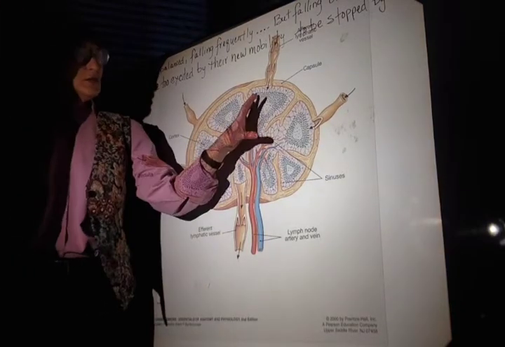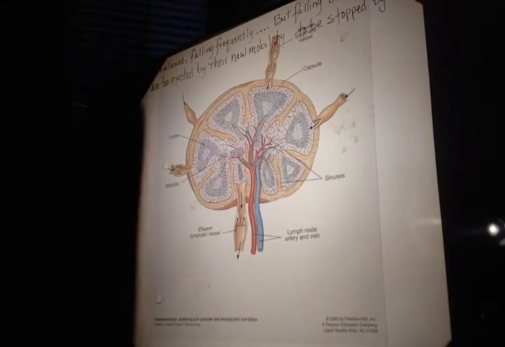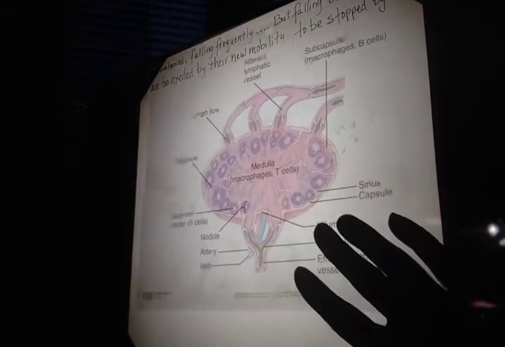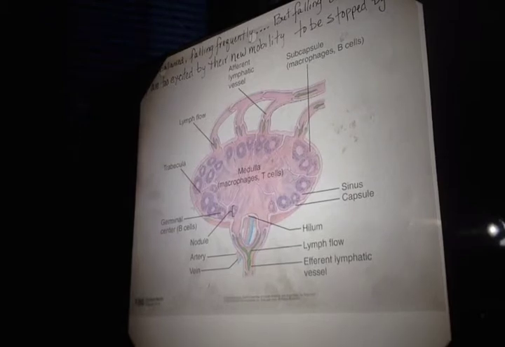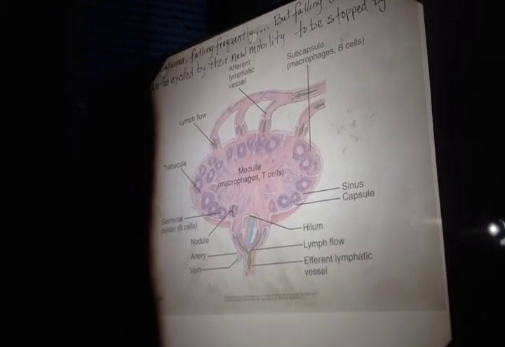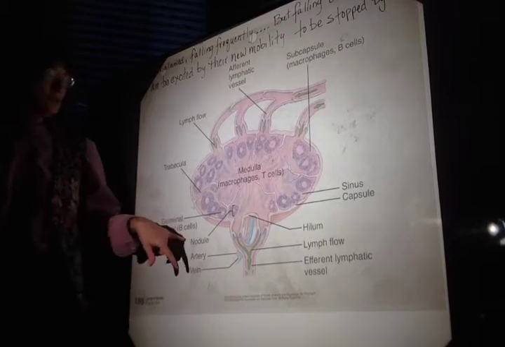It's because this lymph node here is filled with immune system cells. Macrophages, lymphocytes of various kinds, T killer cells, germinal centers of B cells.